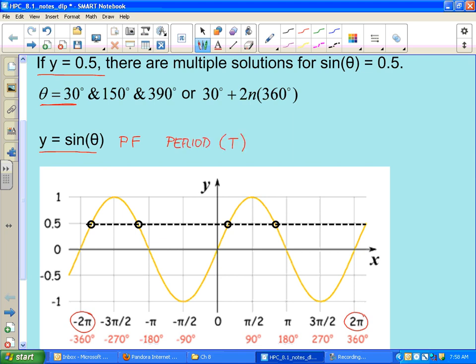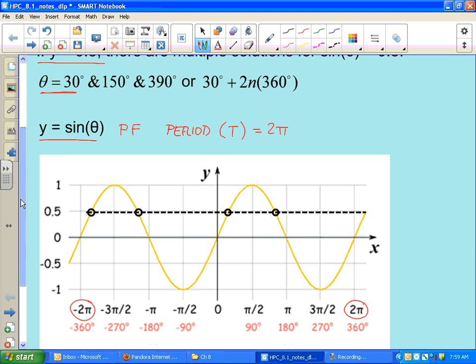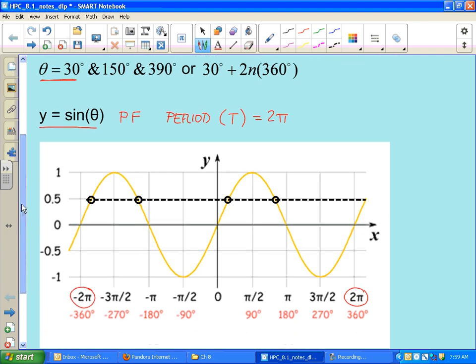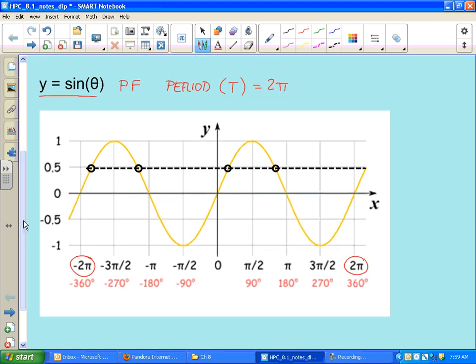We use capital letter T to describe the period, and it is equal to 2 pi. That's how long it takes for one of the patterns, and then when we go another 2 pi, you see that pattern repeat. So we're going to peek at that coming up in the next couple sections. But today we're just looking at what happens if I have a y value of 1/2.